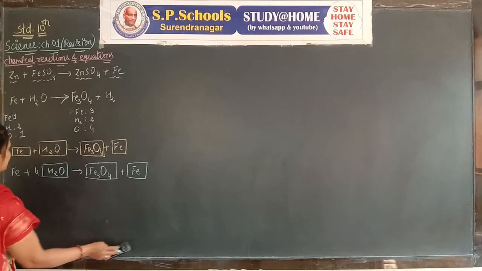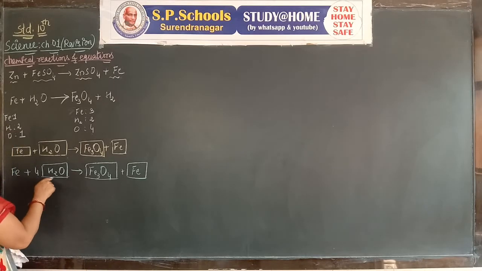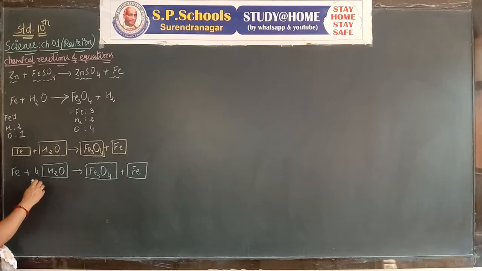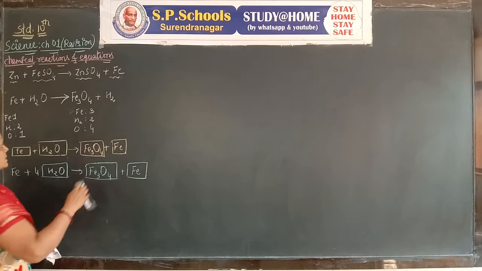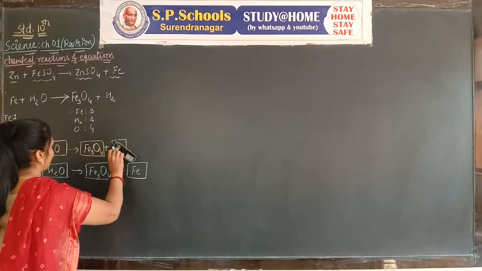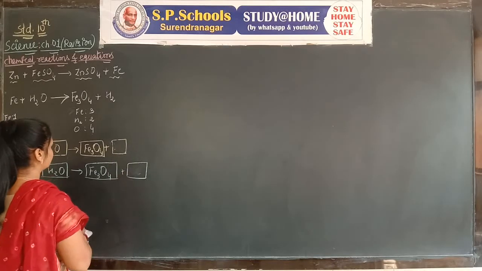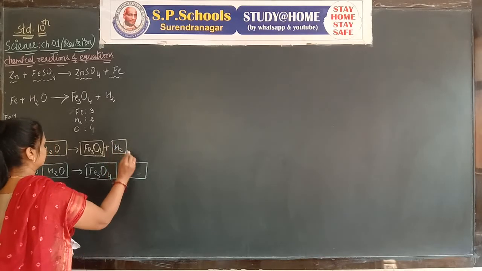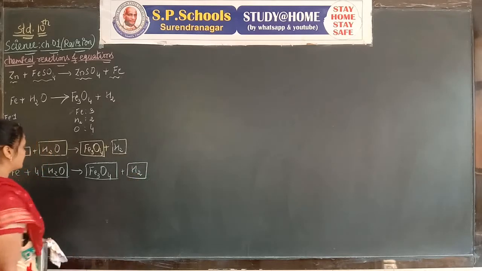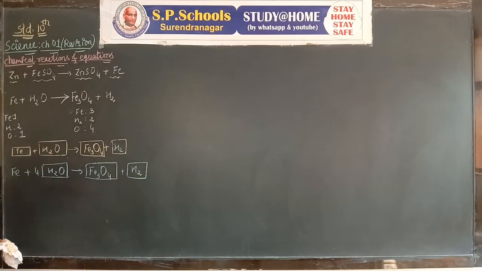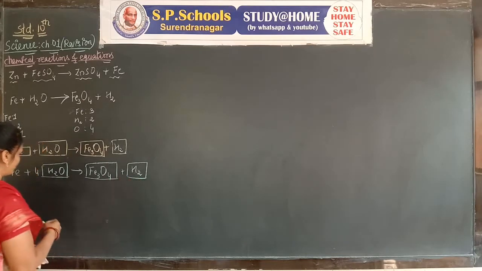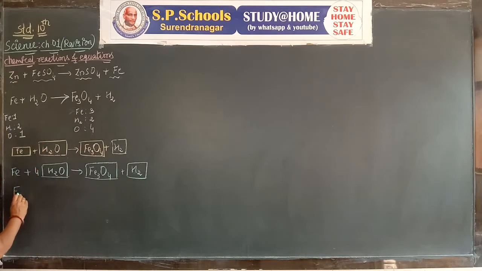So here we can see the imbalance shows in the hydrogen. See, 4 multiplied by 2, 4 2s are 8. So here 8 H. To balance the H2, we multiply it by 4.